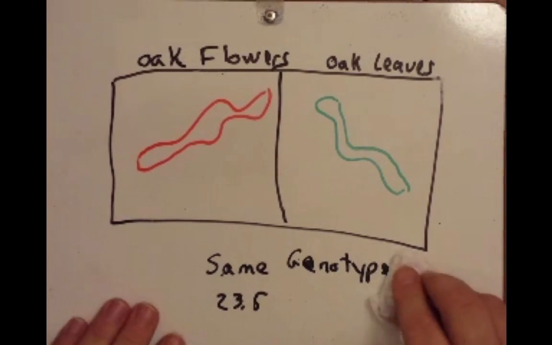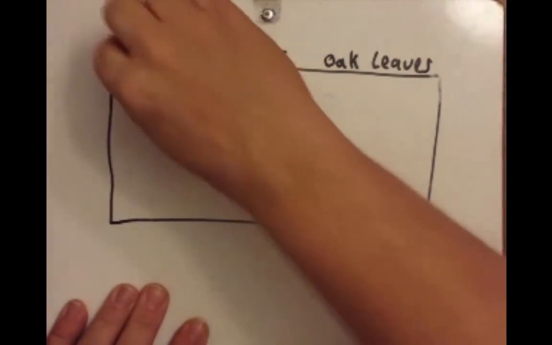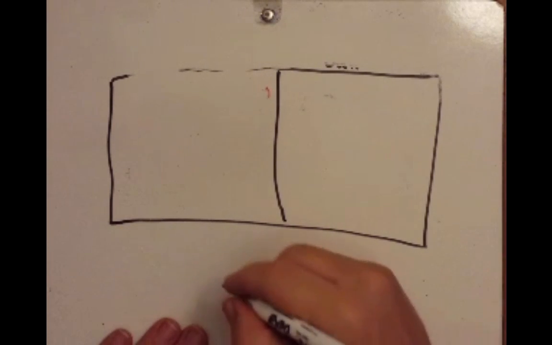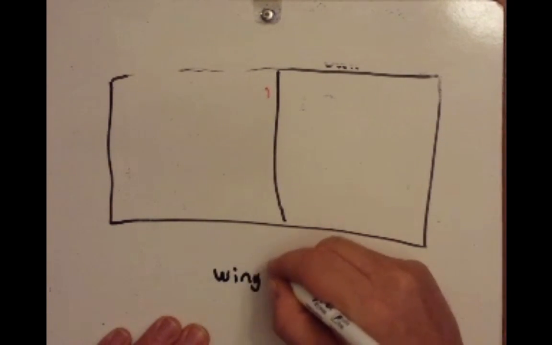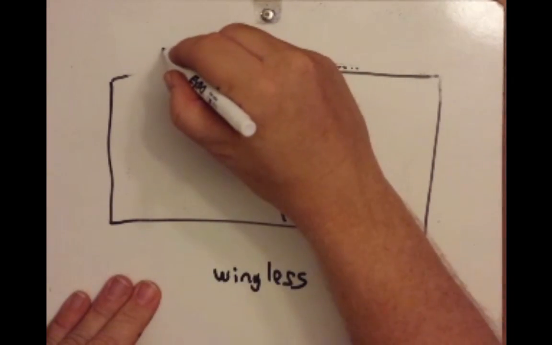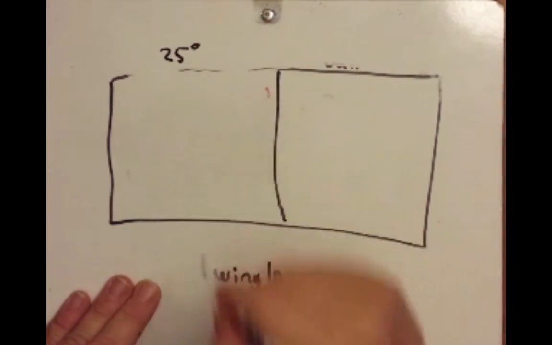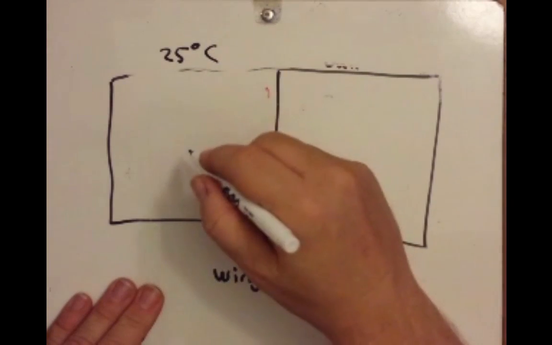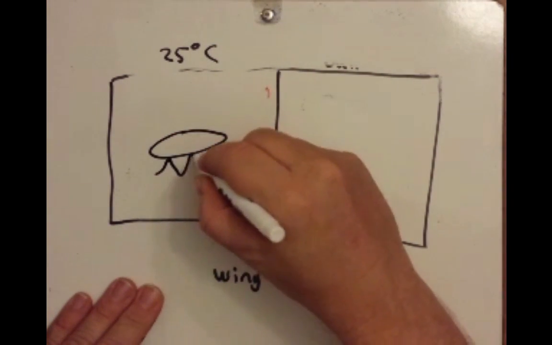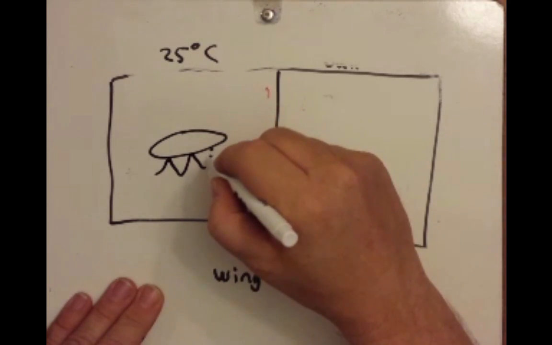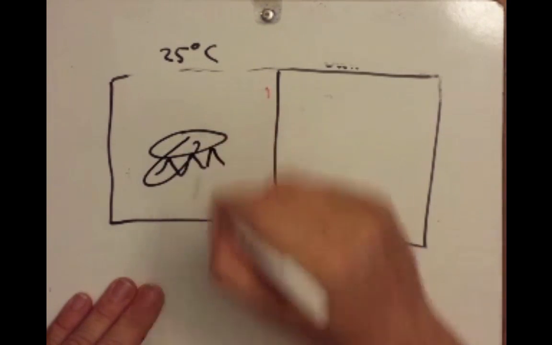Another quick example is a particular fruit fly. They both have a genotype that is called wingless. At a lower temperature of around 25 degrees Celsius, the flies have wings.